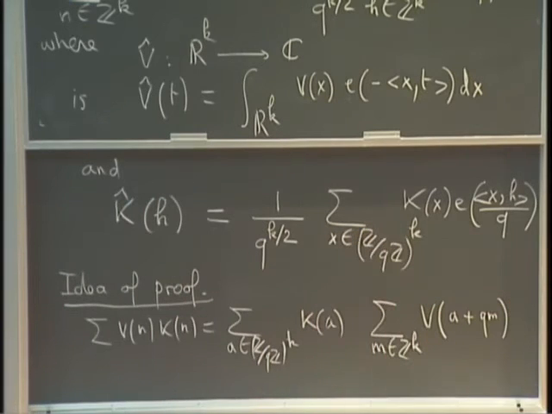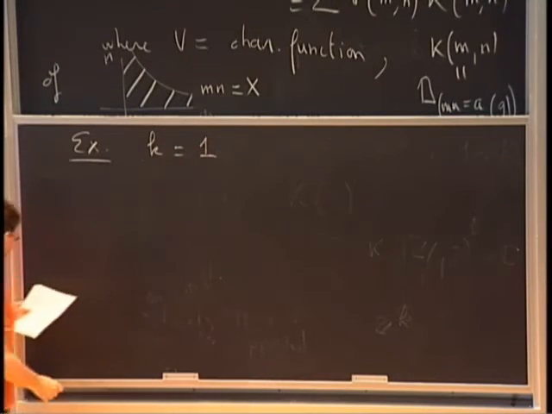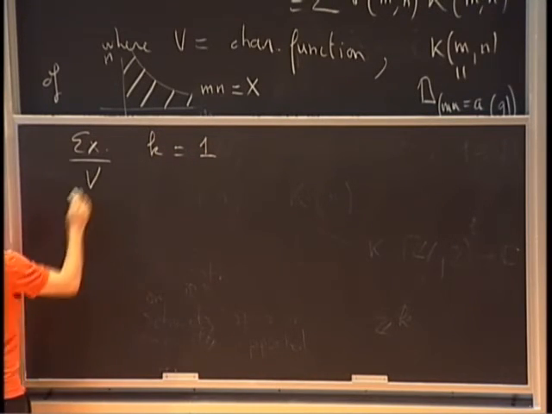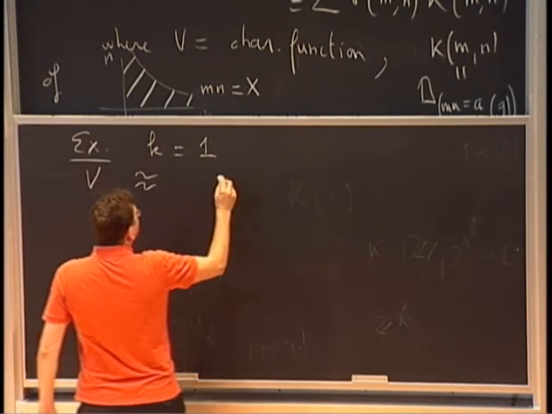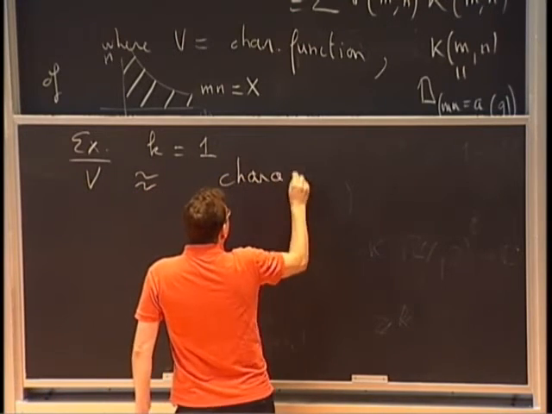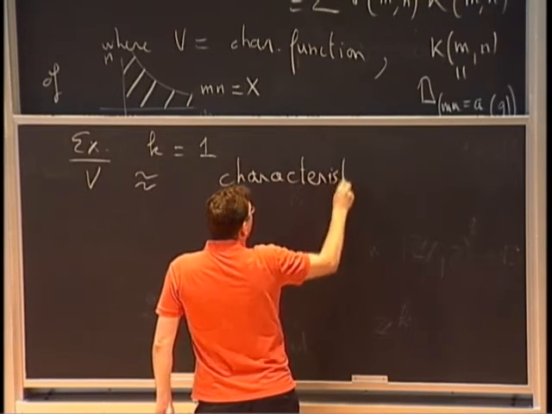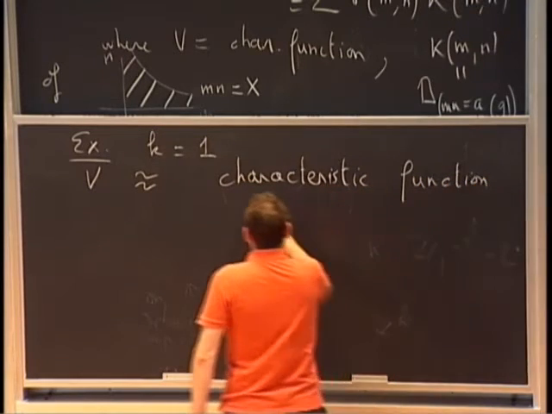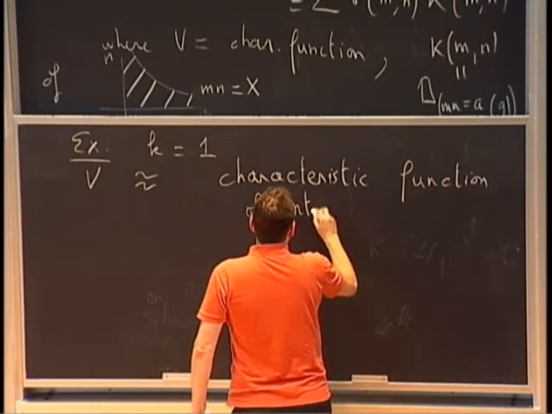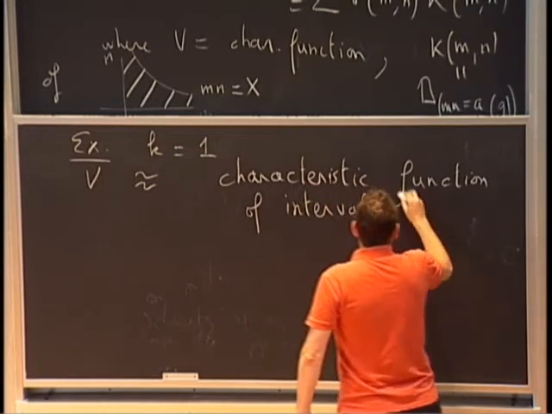Okay. So to do this, I'll do it in the case k equals 1. In analytic problems, V is typically an approximation to a characteristic function of some interval. So let's say it's about the characteristic function of an interval of length y, but it's still smooth.